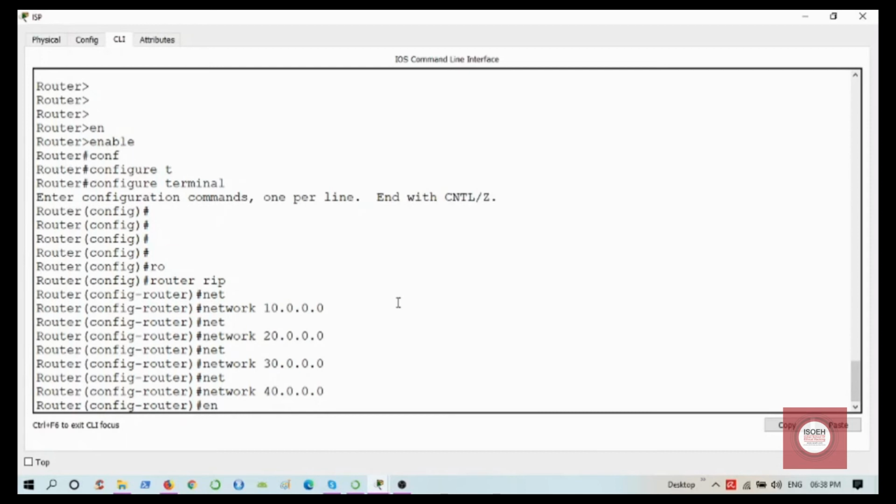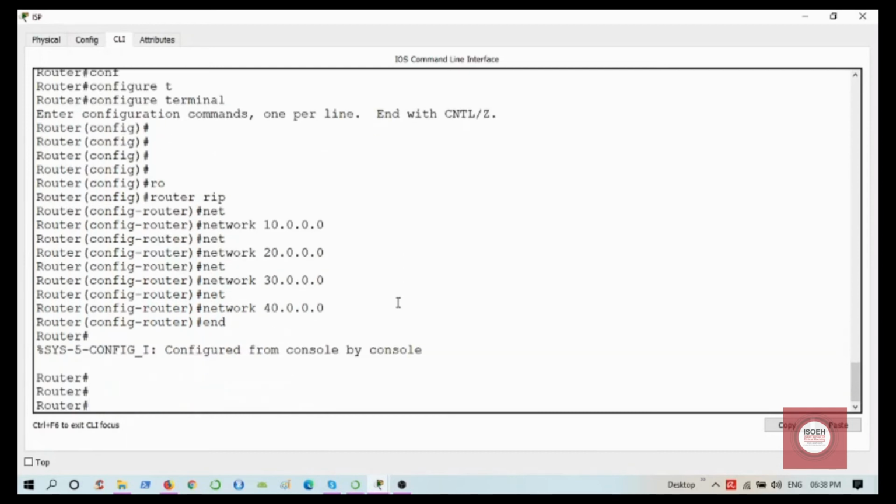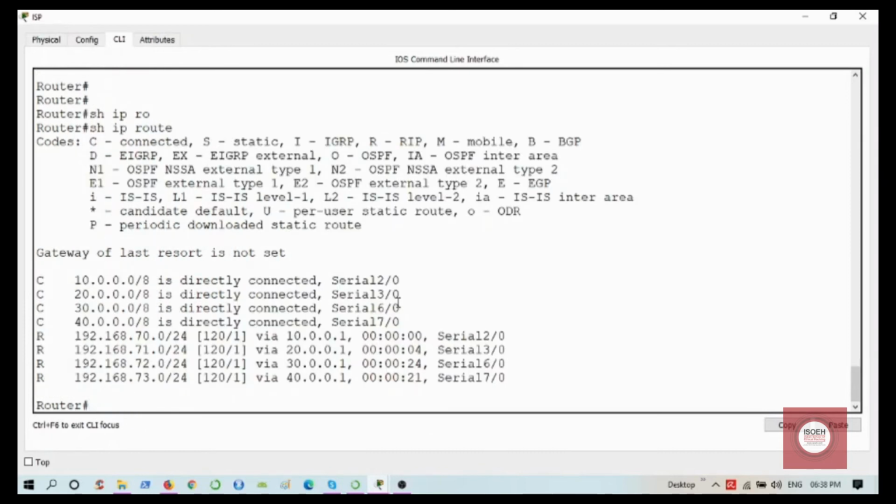Now let's check the routing table of this router, and let's go to privilege mode and issue the command show ip route. Okay, so we see that these network addresses are also present in the routing table of the ISP router.